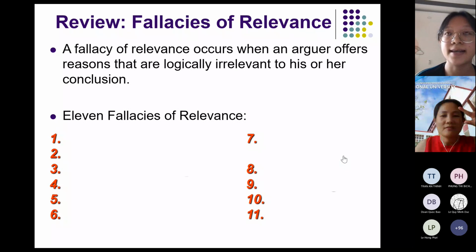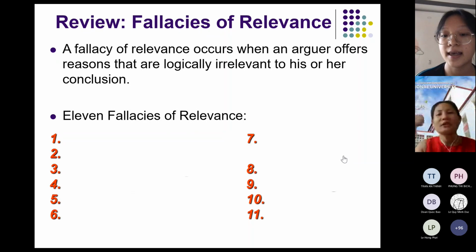Number 4 is two wrongs make a right. Very good. Number 5 is scare tactics. Number 6 is appeal to pity. Very good. Number 7 is bandwagon argument. Very good. Number 8 is straw man. Number 9 is red herring. Very good. 10.